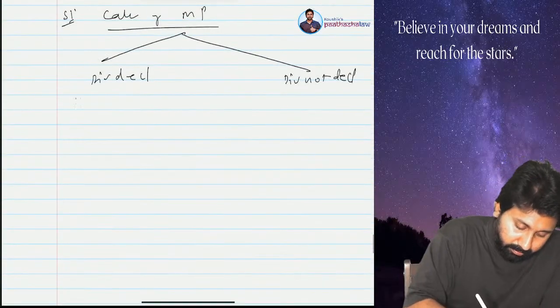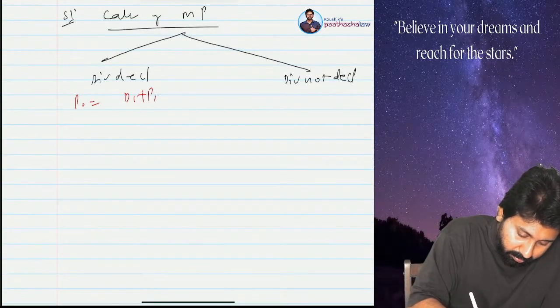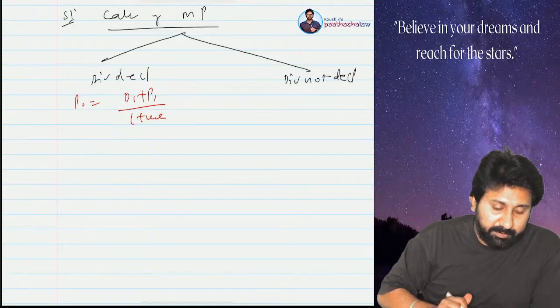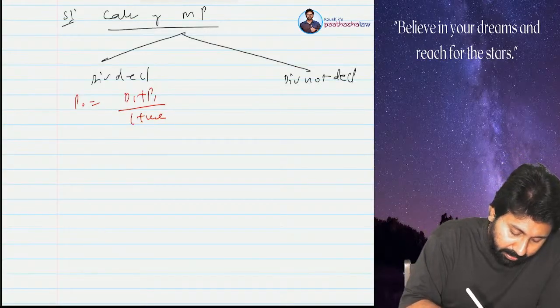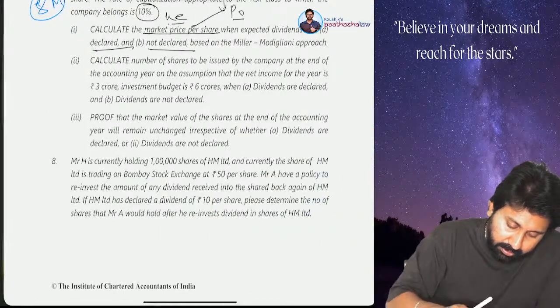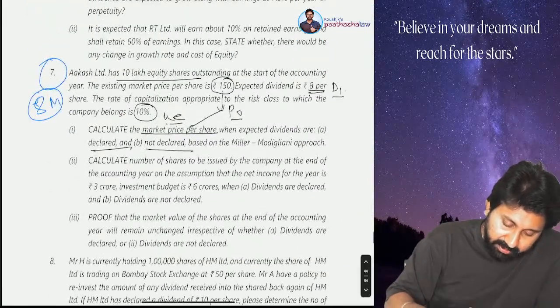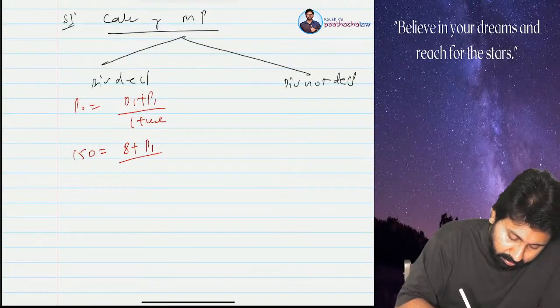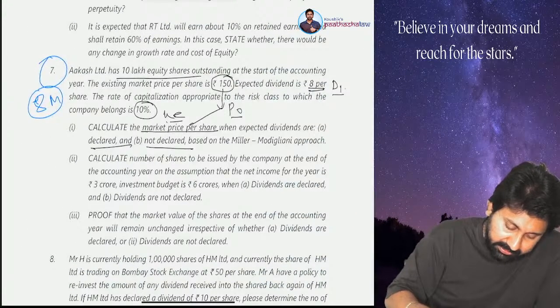P0 equal to D1 plus P1 divided by 1 plus KE. P0 is 150, equal to D1. How much dividend are we expecting? 8. KE is 10%.